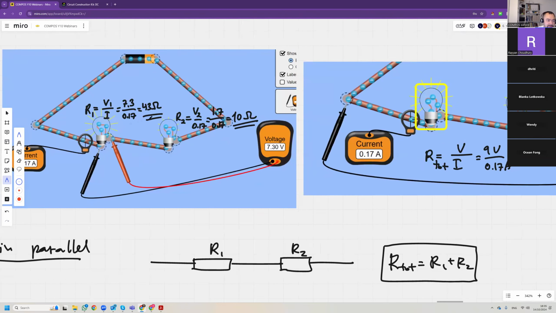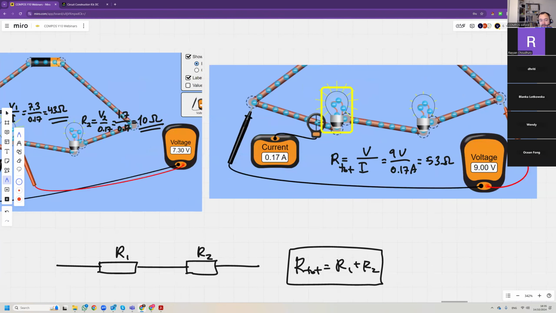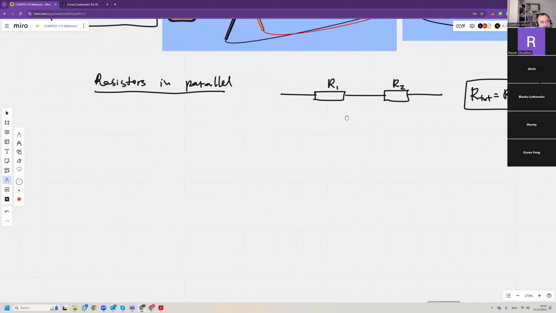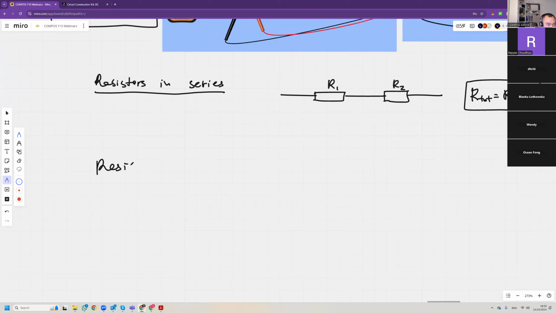Ta-da! Yes, this was 43 and this was 10, so in total that's 53. Makes sense. It works. It adds up. If you have resistors, oh sorry, that is resistors in series, of course. Series.